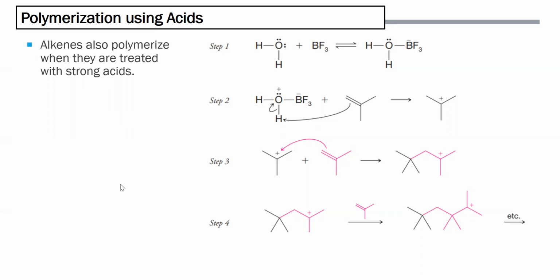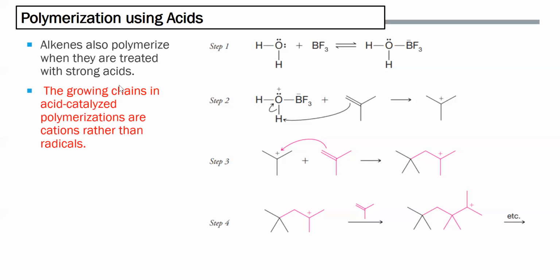But one reason the author included this in this chapter is that we are talking about polymerization reactions of alkenes, but alkenes can also undergo polymerization not via radical reactions, but using acids. So again, alkenes polymerize when they are treated with strong acids.